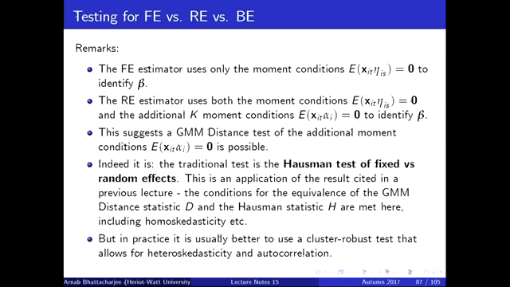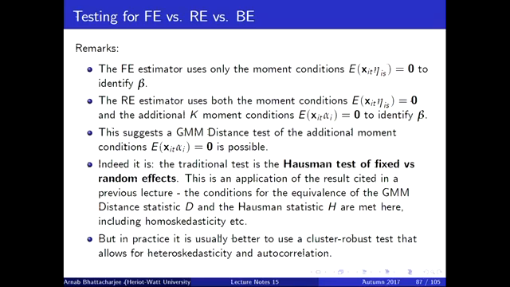Up to first order approximation. In practice, what happens is that when you do this, you find that you get a matrix which is not positive definite. That is often a problem, right? Then you have to do something else, right? But still, approximately, this test still gives you some reasonable insights. Okay, so that is the standard form of the Hausman test.